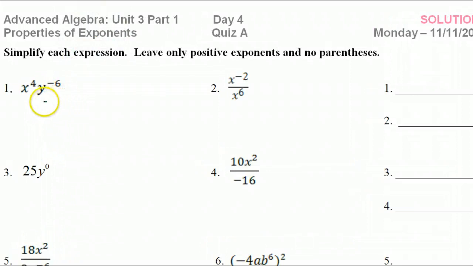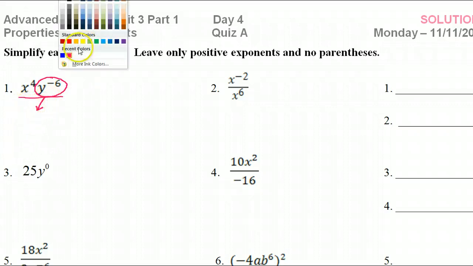Alright, problem number 1. Anything with a negative exponent is on the wrong side of the line. Here's the invisible fraction right here. I see this y expression has a negative exponent, so it is on the wrong side of the line and will have to drop down.